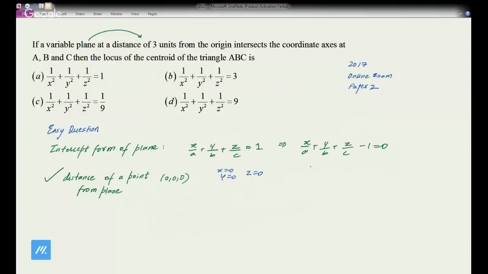It will become modulus of minus 1 divided by under root of 1 by a square plus 1 by b square plus 1 by c square. It is given to be equal to 3. Can I say, by squaring, that 1 by a square plus 1 by b square plus 1 by c square is equal to 1 by 9? Just take it to that side and 3 to this side and square, right? So this is 1 by 9.